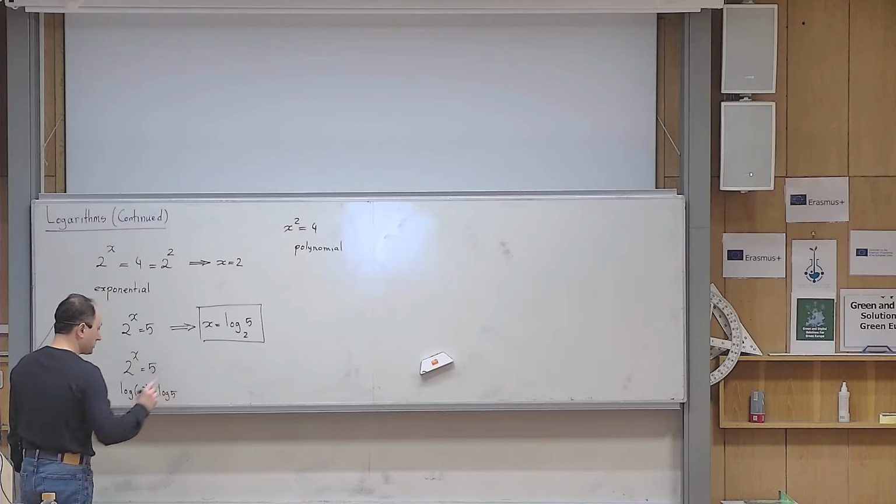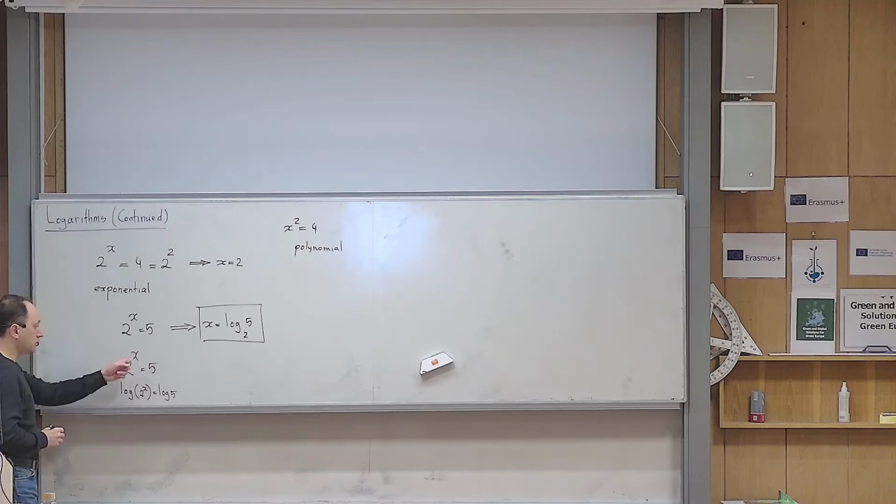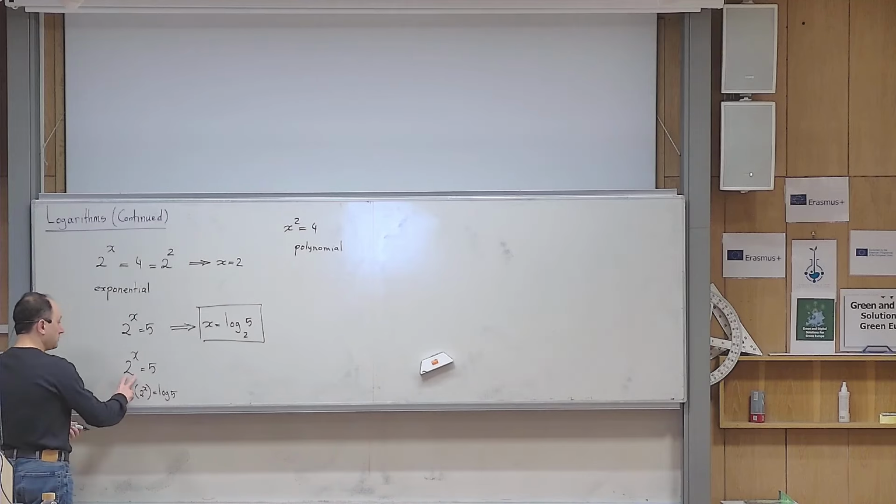I want you to understand the logic. My goal is to isolate x. The book uses this method, which is also very good. I cannot get rid of 2 easily unless I take log. When I take log, the log of this becomes equal to log of that.